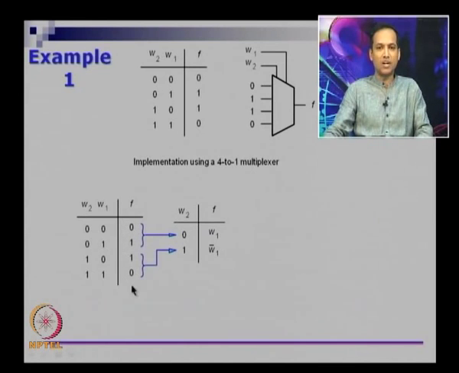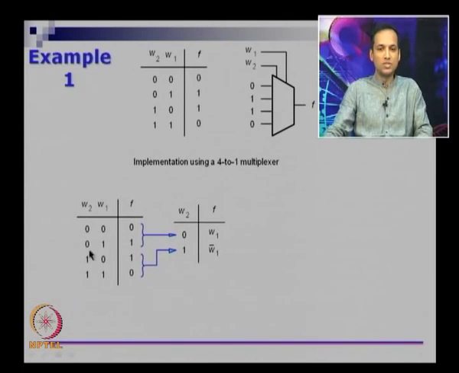So if you take this one, you look at the combination here. So you look at 0 and 1 here. If you look at W2 and W1, if you don't care about W2 for now, you can look at it as when W2 is 0, F is W1, right? You can see that here, this 0 1 is the same as this 0 1 here.